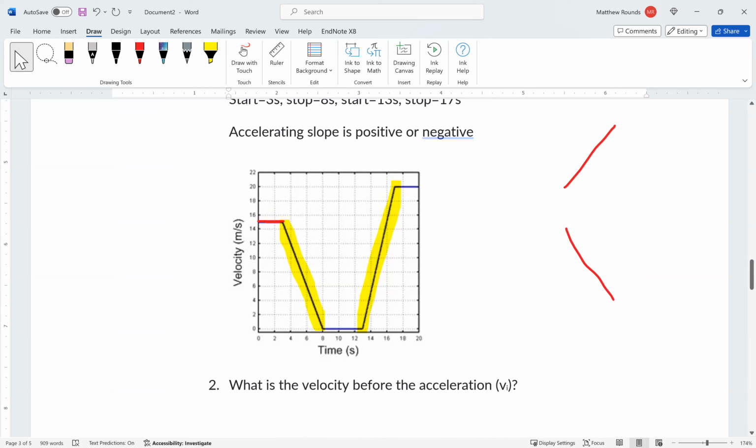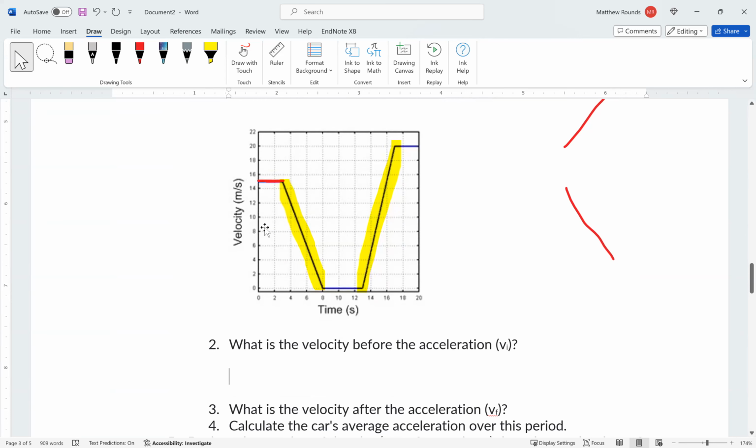What is the velocity before the acceleration? I believe it's referring to this right here. What is its velocity before acceleration? It was at 15. All right. What is the velocity after the acceleration?